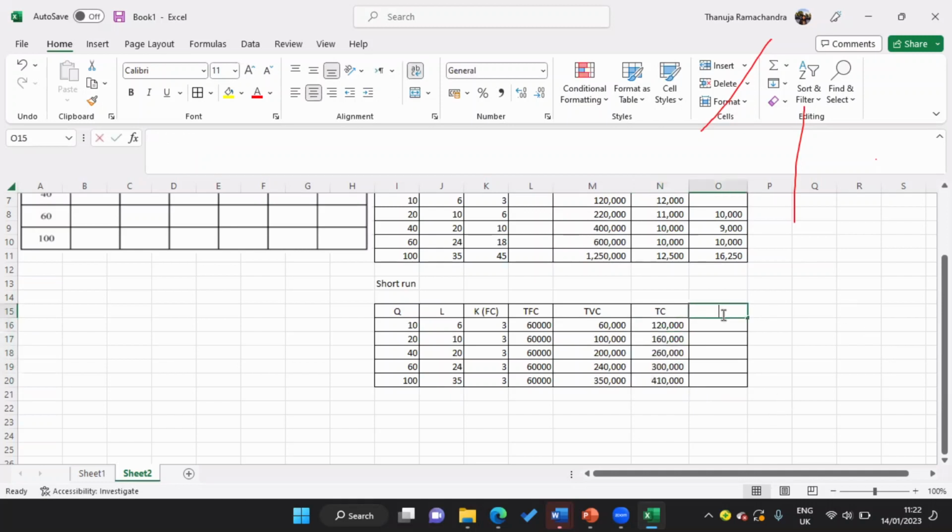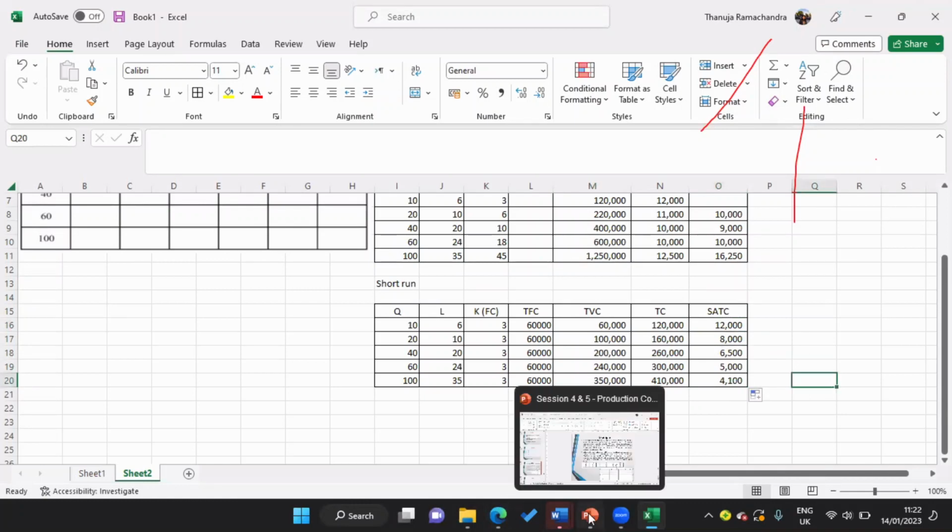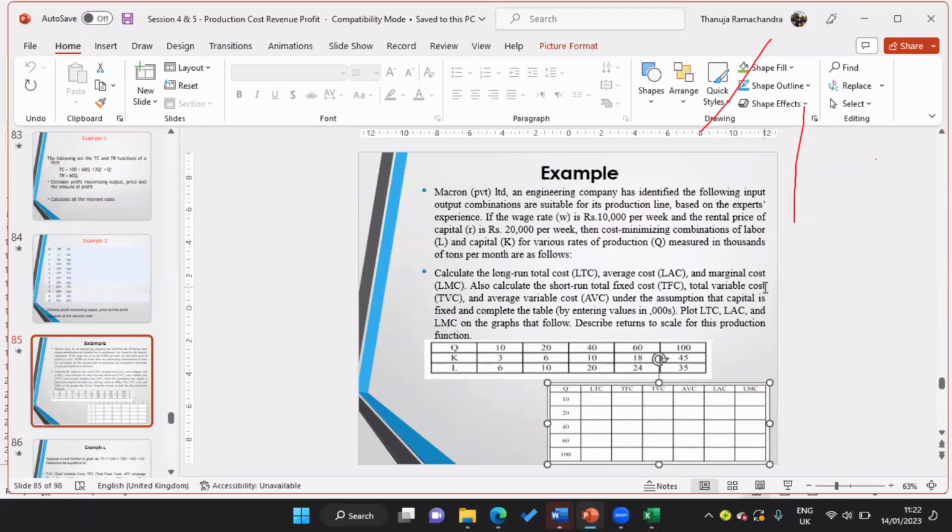And then we can calculate the short run average total cost. Total cost is this, divide by Q. Okay. What is the question? Average variable cost, total variable cost, average variable. So the assumption is the capital is fixed. Yeah, sorry, it's given. Capital is fixed and complete this.